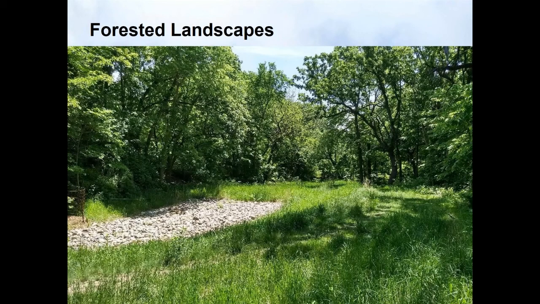This particular picture is of Spring Lake again, in a different area. The limestone you see in the front is a rapid infiltration trench or infiltration basin, and this part of the project was brought on because we didn't want to extend a pipe through the forest.